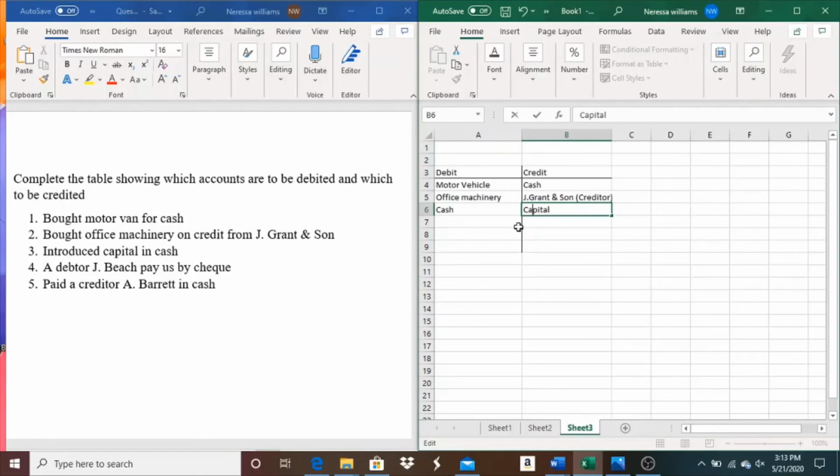And the fact that they're paying off their debt, even though a debtor is a debit nature account, and we are reducing their debt, it should be credit. So J. Beach, who is a debtor, we credit their account, and we are getting a check, which is more money. So we debit our account.